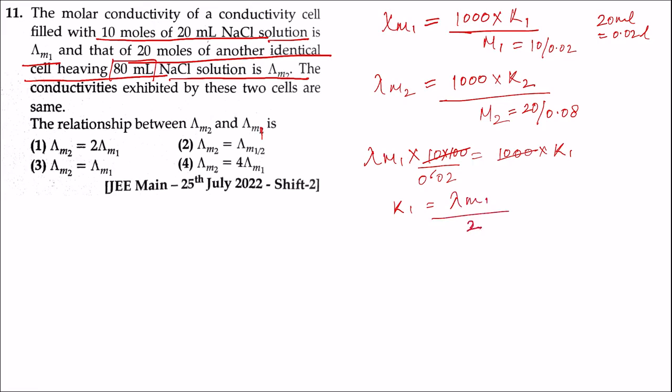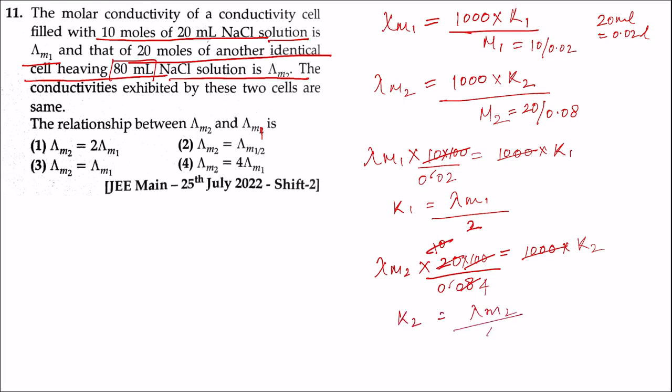Similarly, for the second solution, molar conductivity into molarity of the second solution, that is 20 by 0.08, is equal to 1000 into conductivity of the second solution. Solving this equation, 2 tens are 20, 2 fours are 8, and 10 into 100 is 1000, so 1000 gets cancelled. Conductivity is equal to molar conductivity of the second solution divided by 4.